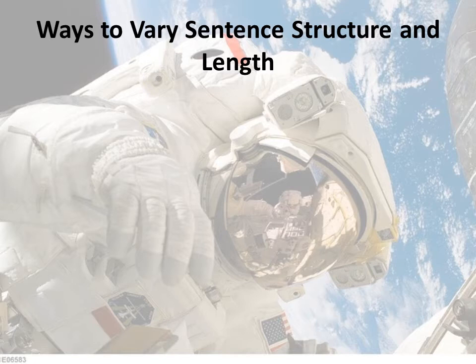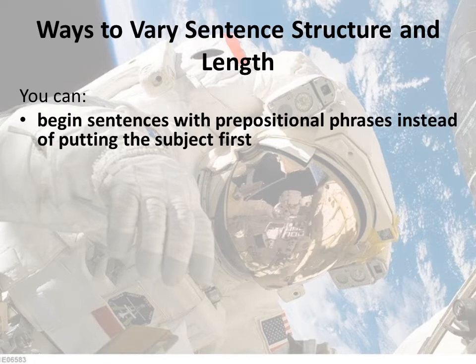If you only use complex sentences, it's a bit more sophisticated, but if you use the same structure, it could still get very boring. What you want to do is use all of those sentence structures, and even within those, you can have different lengths. You can begin sentences with prepositional phrases instead of putting the subject first.